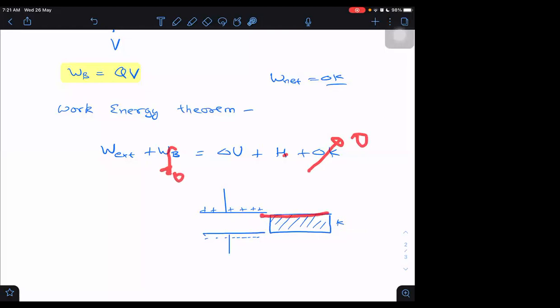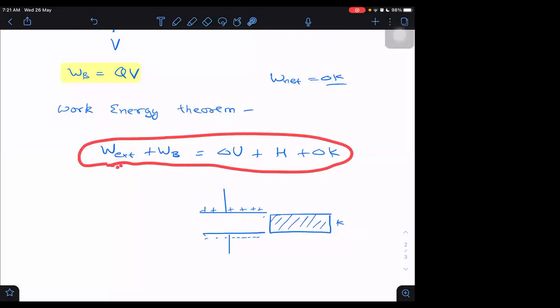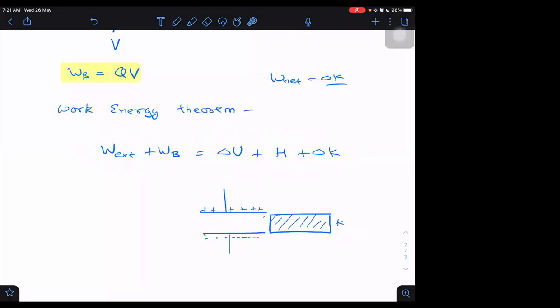And if he is moving it slowly, then there will be no heat energy dissipated also. Work done by the external agent will be just equal to the change in potential energy. Depending upon the situation, we may have any of these, some of these or all of these terms.